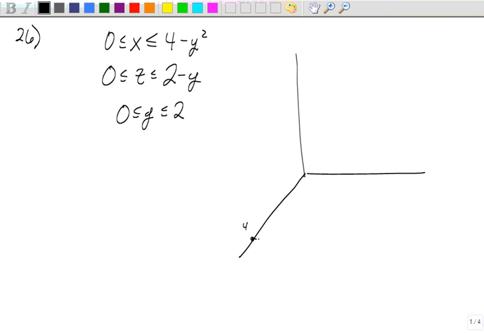It's 4. Kind of a sideways parabola. That's from this right there. Then the z, well, I'll move on. Y is from 0 to 2, so we're going to go from 0 to 2, bounded by here.